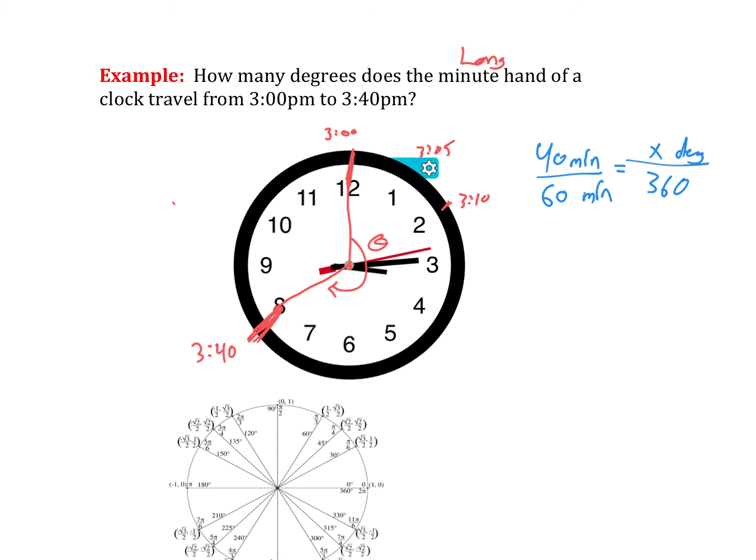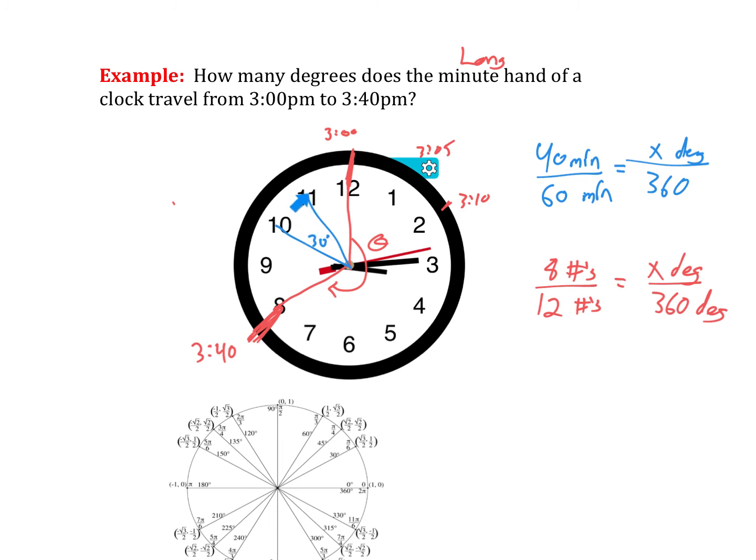Or I could say, hey, we've traveled 1, 2, 3, 4, 5, 6, 7, 8 numbers. So we've gone 8 numbers out of the possible 12 numbers on a clock. Set that equal to how many degrees out of 360 is that? Here's the way I personally like to do it, though. If I know there's 360 degrees in a clock, and there's 12 numbers, well, then I can make the claim that each number is 30 degrees.